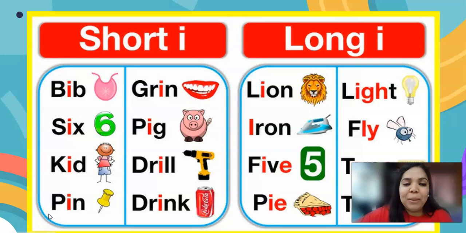So let's review a little bit about these words. They are divided, as you can see, in their sound. Both columns, both groups have the same vowel, as you can observe, which is in red. But what will be different is the sound. So remember that in English we will have short sounds and long sounds, okay?